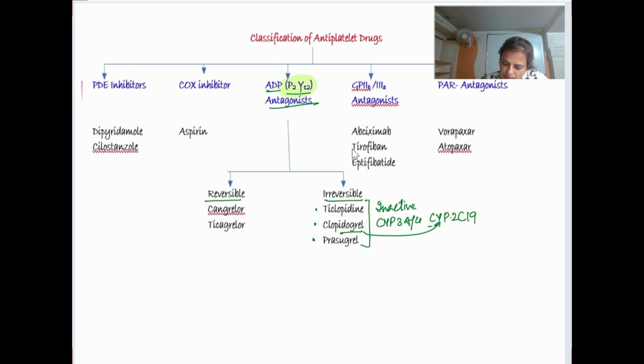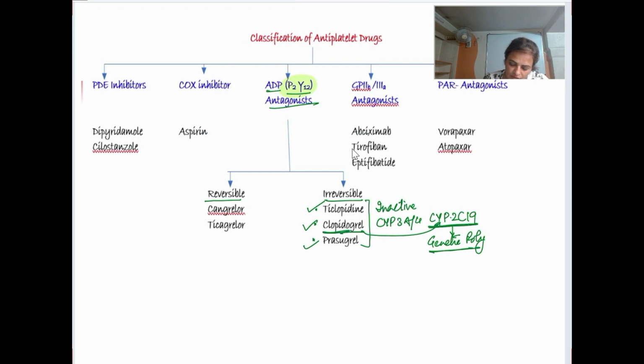Now this enzyme shows genetic polymorphism. So a few individuals may be poor metabolizers of clopidogrel because of this genetic polymorphism. So now we have to do the genotyping before putting the patient on clopidogrel. Whereas इसमें ticlopidine and prasugrel इसमें इतनी ज़रूरत नहीं पड़ती है.